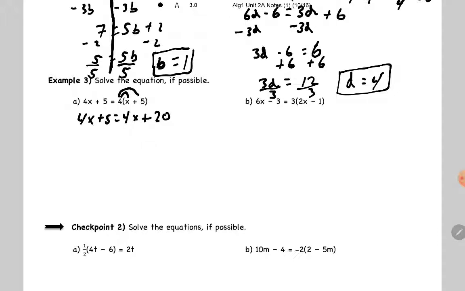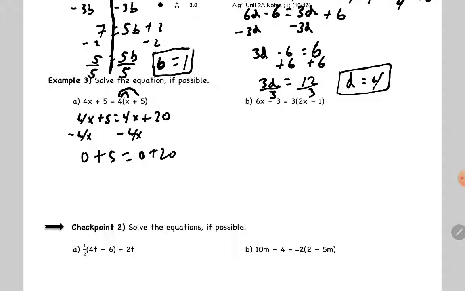I need to move the x's over to one side, so I'll have minus 4x, minus 4x. And what happens is 4 apples minus 4 apples is 0 plus 5 equals 0 plus 20.